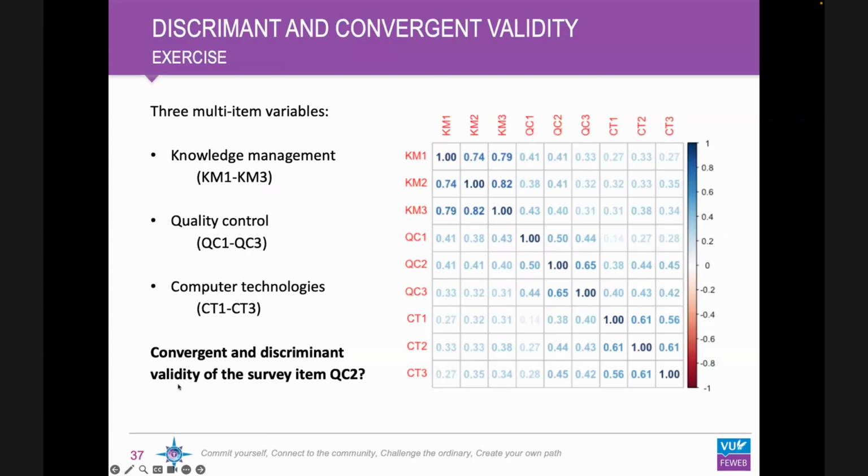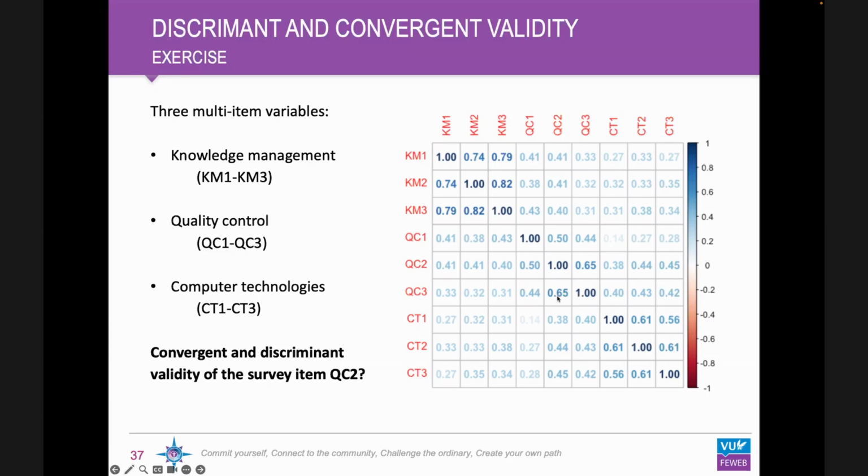So let's look at, for instance, the convergent and discriminant validity of the survey item QC2. What I will say to you, and please do it for the other ones, is that in terms of convergent validity, we have to look at its agreement with the items in the quality control construct.